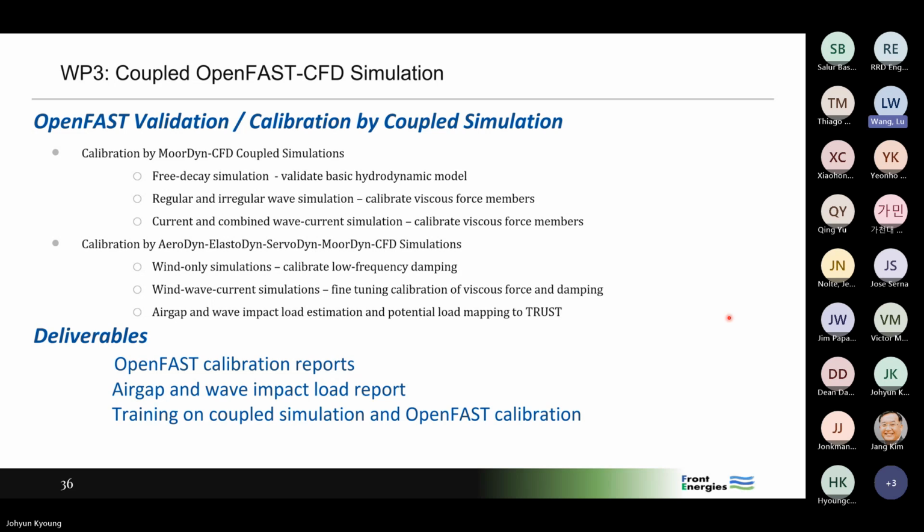On one hand, it helps validate our model tuning and calibration procedure developed in the first part. And it also serves to verify our implementation of OpenFAST CFD coupling. We'll also take this opportunity to investigate and estimate quantities that are not easily obtained from mid-fidelity tools like OpenFAST alone, such as air gap and wave impact loads. So, next slide.